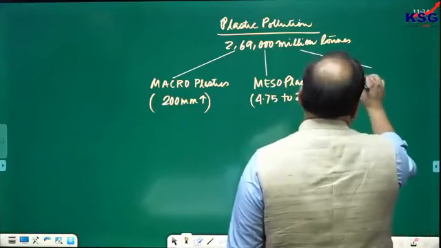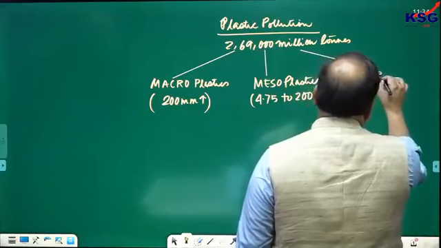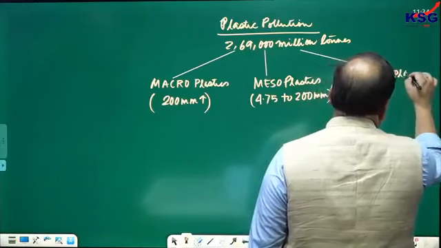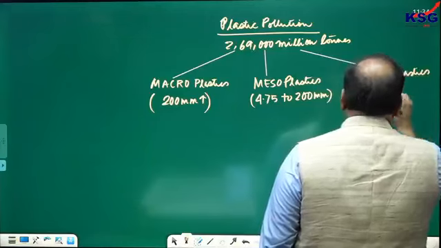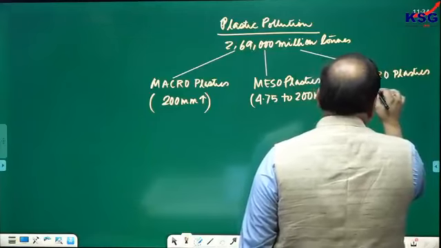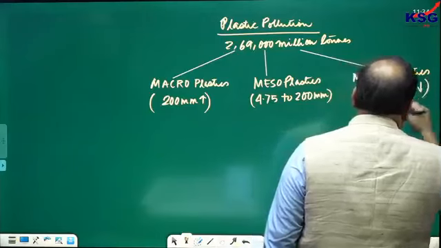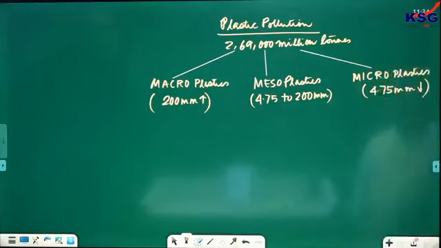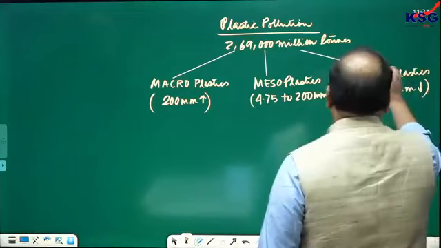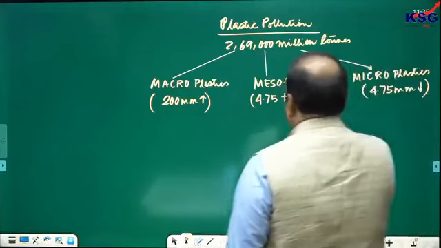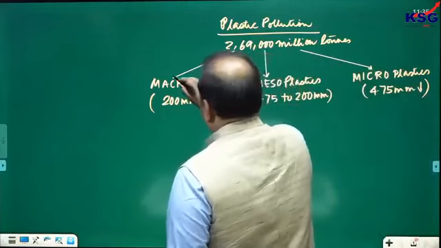And microplastic, which has a diameter of less than 4.75 mm. Three types of plastic: macro, meso, and micro.